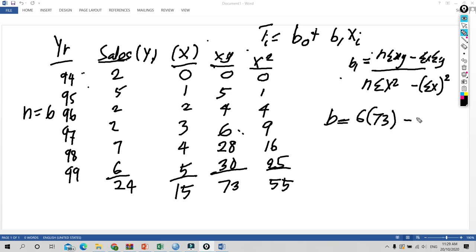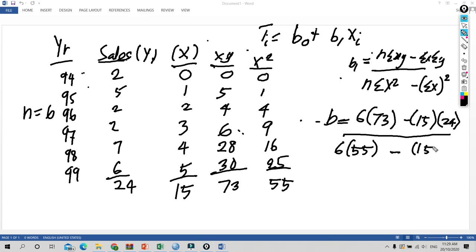The summation of x is equal to 15, multiplied by the summation of y, which is equal to 34, divided by n, which is equal to 6, multiplied by the summation of x squared, which is 55, and minus the summation of x, 15, squared.